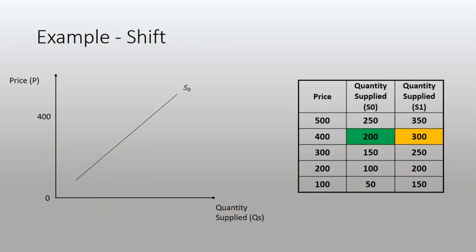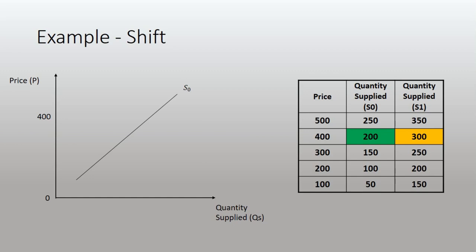Look at an example of a shift of our supply curve. Now on the left we have already set our supply curve with an original supply line, and on the right hand side you will see we are using the same example as earlier. However, we've added a further column, and this is just showing one of the factors which are affecting supply other than a price change.